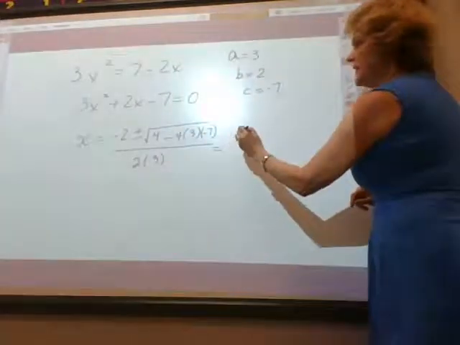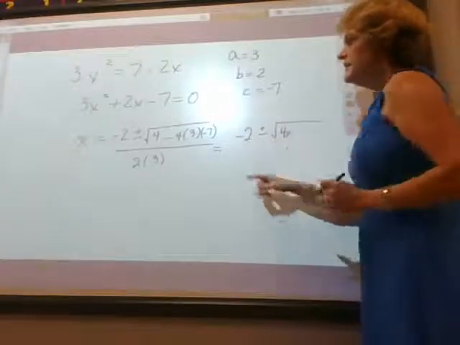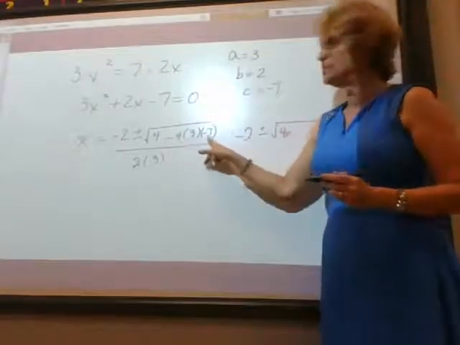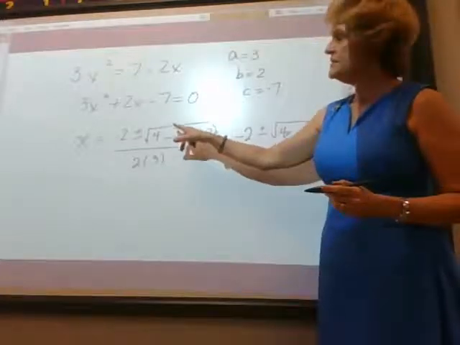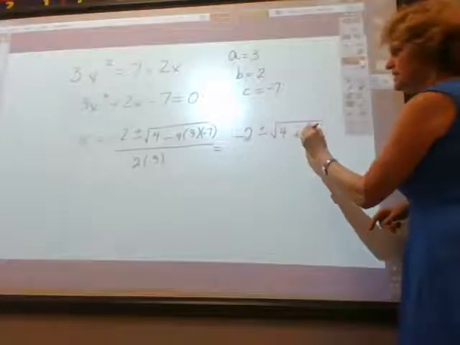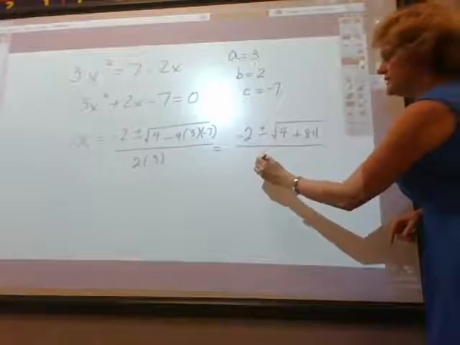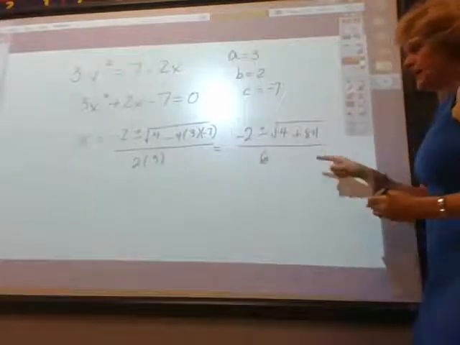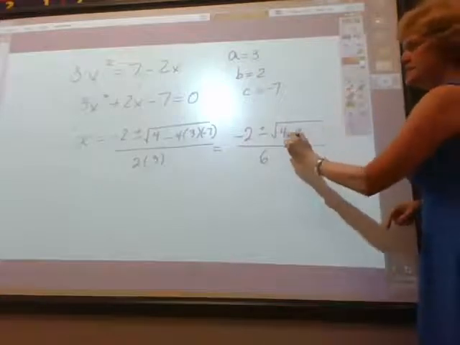All right, so negative 2 plus or minus square root of 4. Now I've got 2 negatives, so it will be plus. All right, 7 times 3 is 21 times 4, 84. Okay, so plus 84. And then that's over 6. Okay, now 4 plus 84 is 88, isn't it?